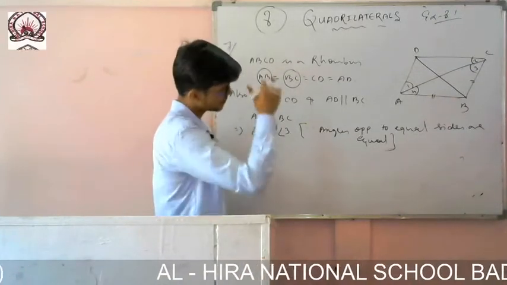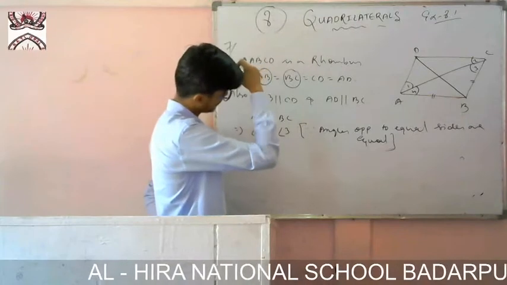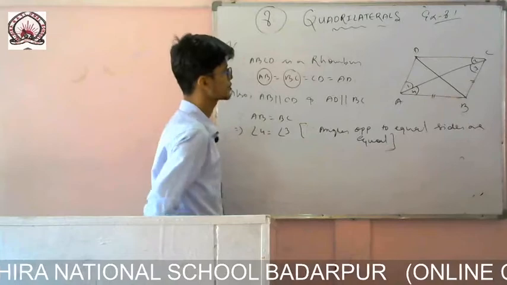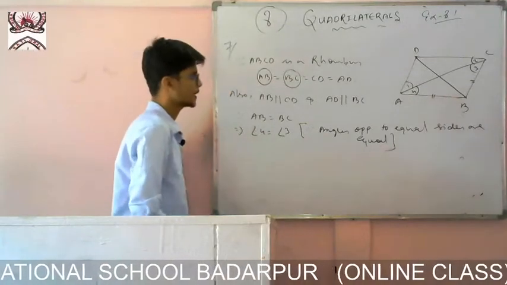AB is equal to BC, so angle 4 is equal to angle 3. Up to this much it is okay.